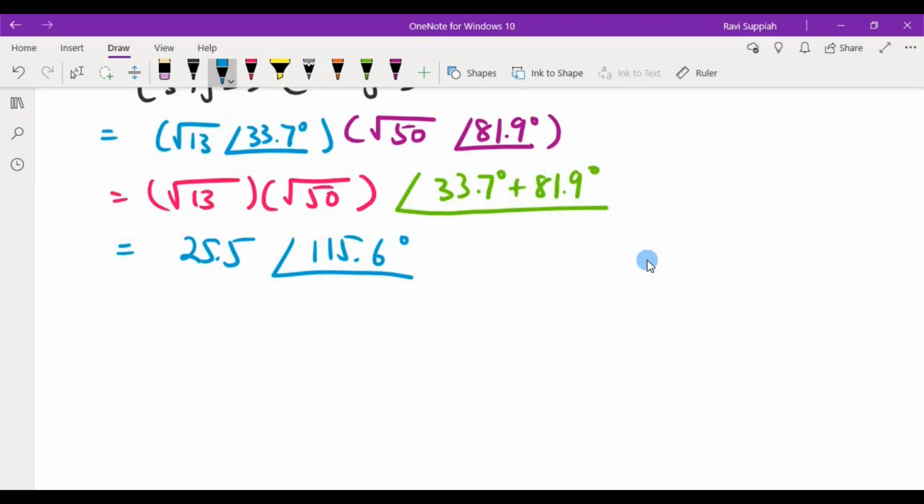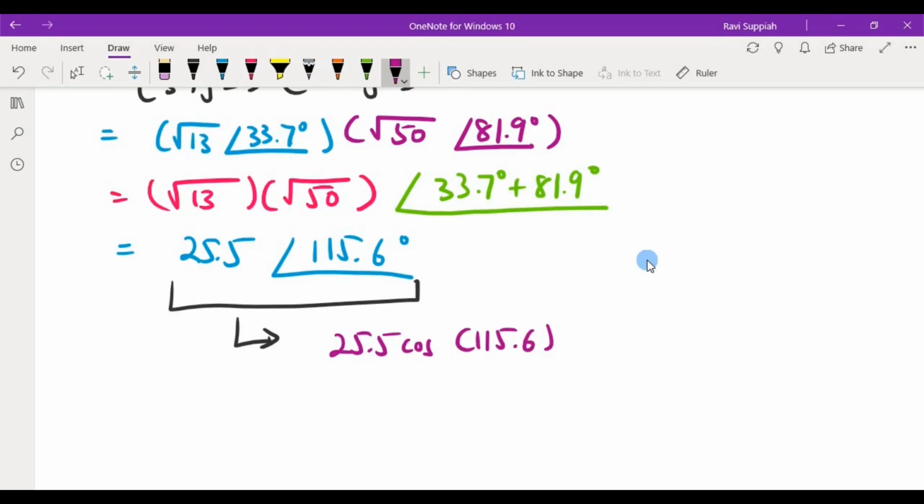Okay, now if I want to convert this back to my rectangular form, I take the same approach as just now, which would be R cosine theta plus j R sine theta.